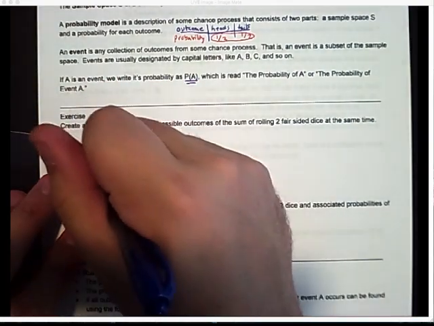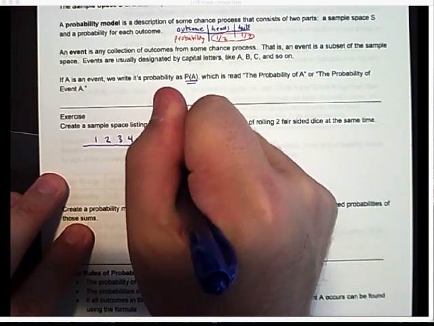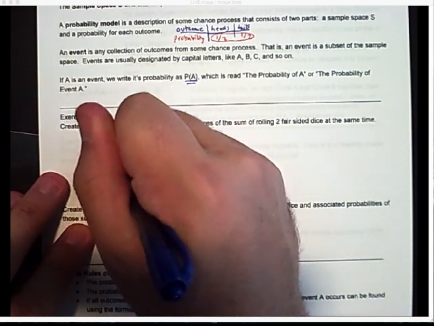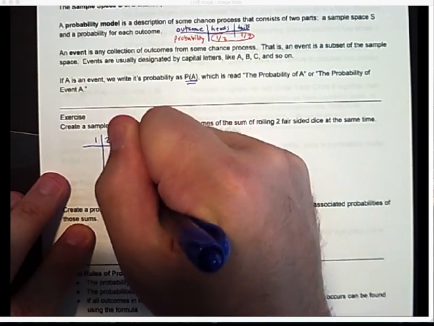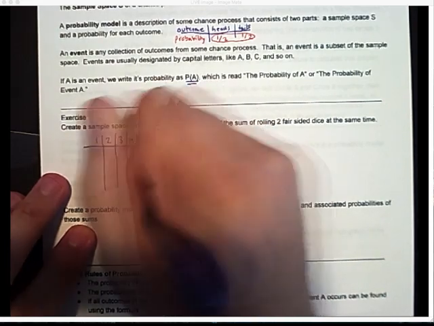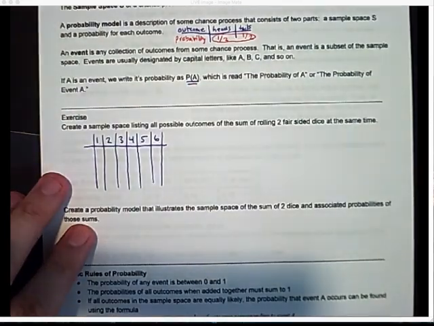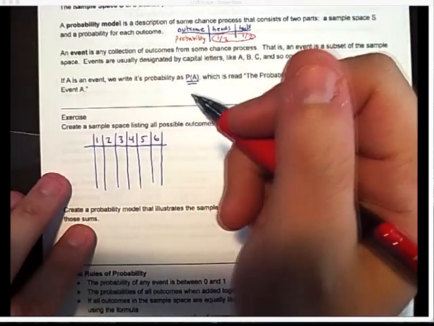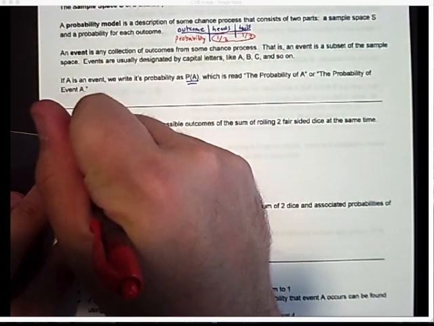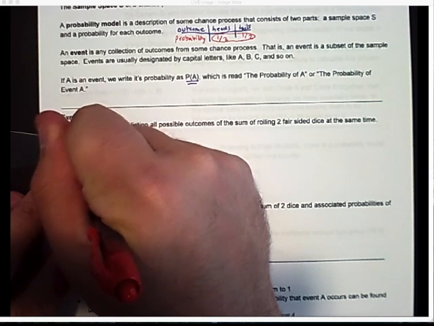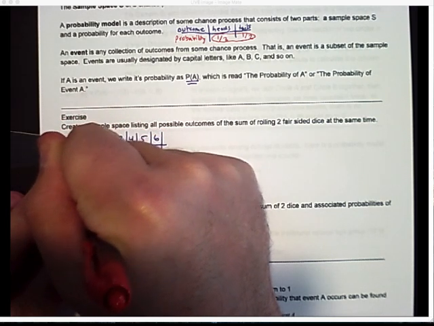So those are the outcomes for the first die. When I roll my second die, I can get the outcomes 1, 2, 3, 4, 5, 6 this way.